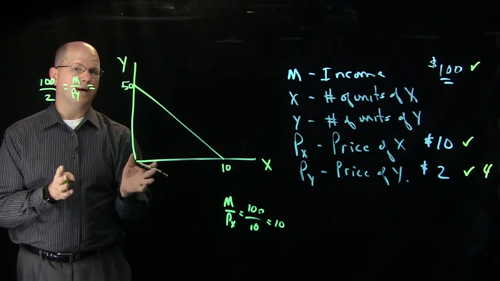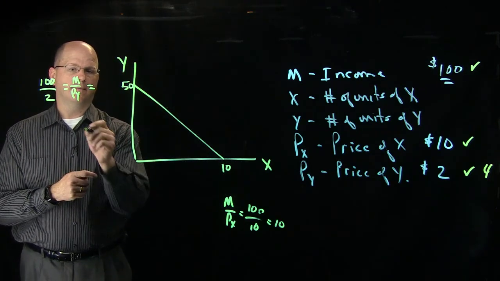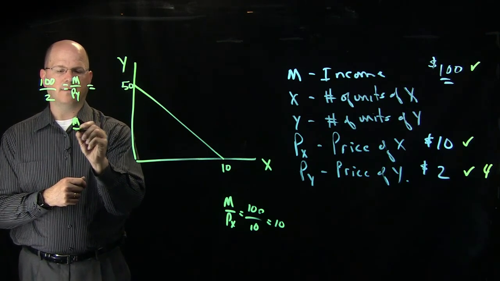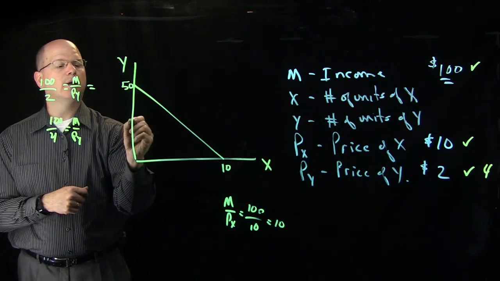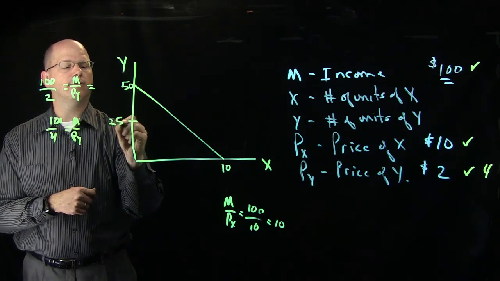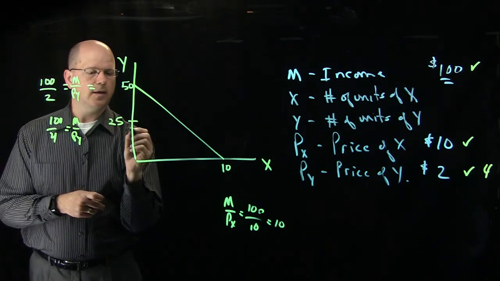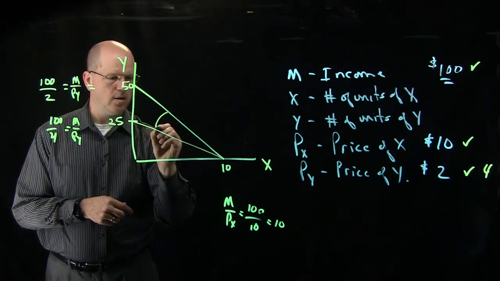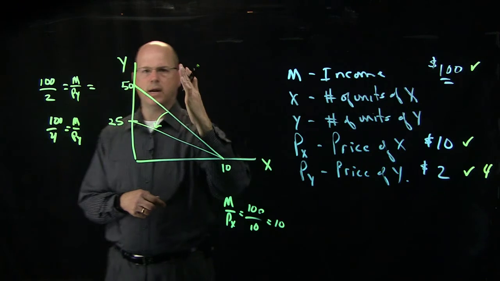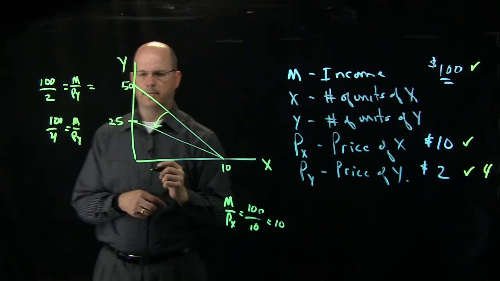If we only buy good Y, M divided by PY, 100 divided by 4, that is 25, right? And so the budget constraint rotates downward.